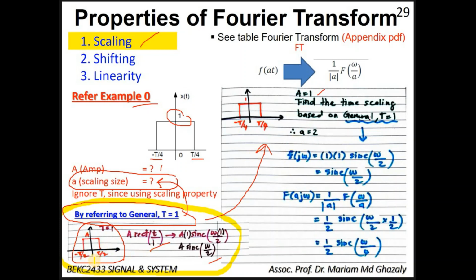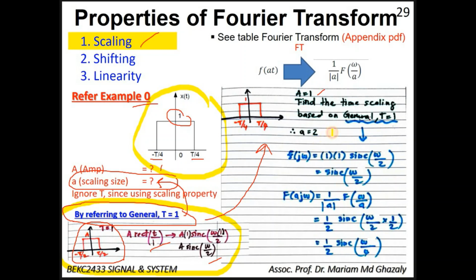You have the period from minus tau over 2 to tau over 2, and for this signal you have minus tau over 4 to tau over 4. It means that the scaling factor is a equal to 2 because the signal is being compressed by 2 times. So you have a equal to 2.